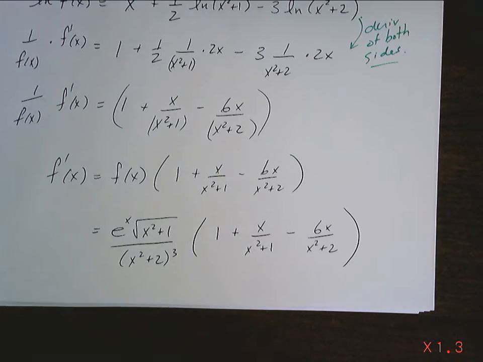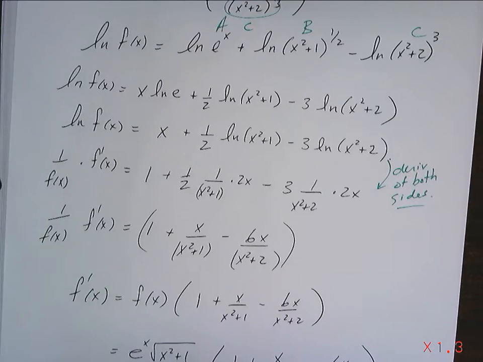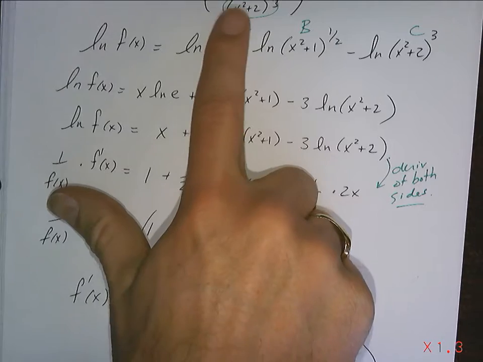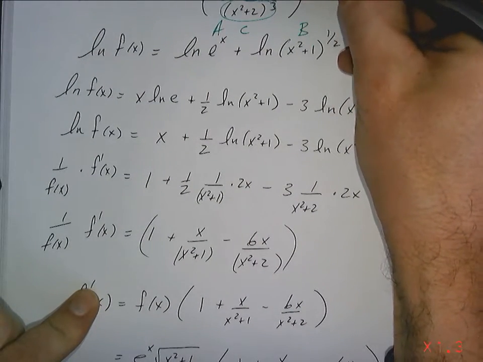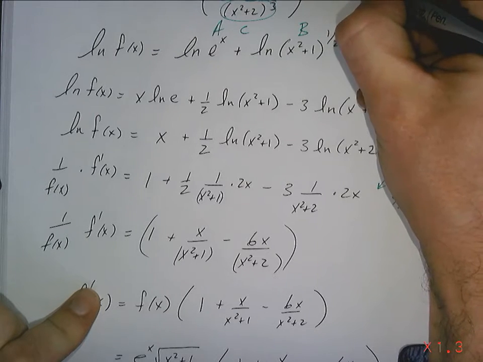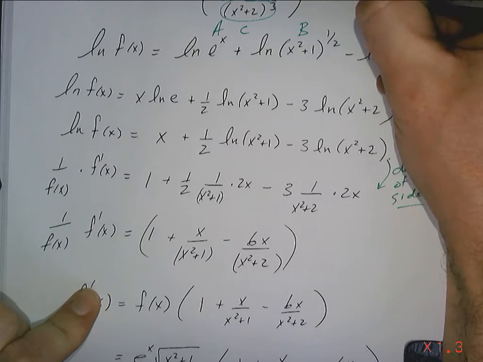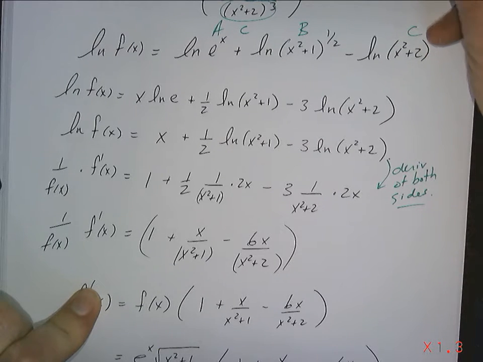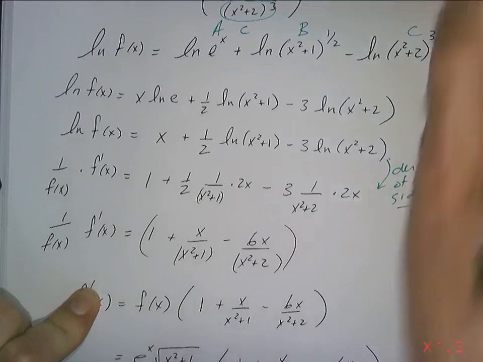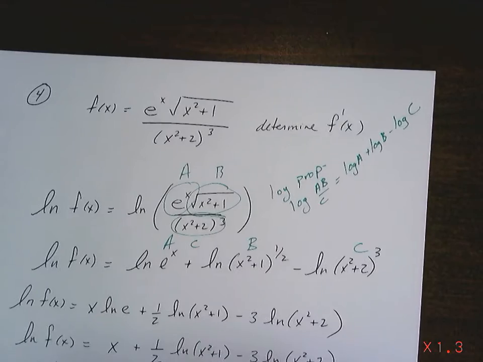Yeah. And no, there's no quotient rule here, guys, so that's my log rules. Log properties. And that log property is something like log of A, B over C is going to be log A plus log B minus log C.